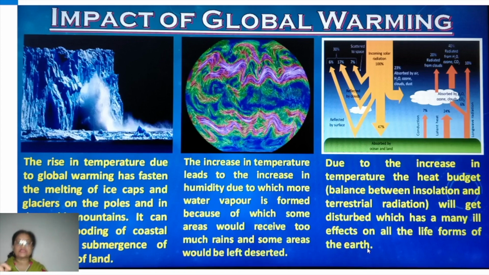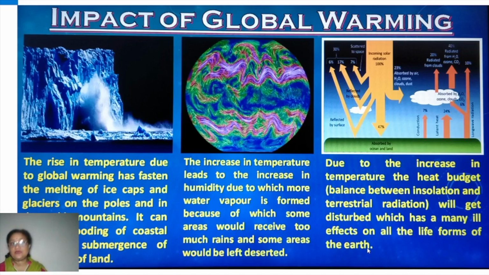And this has caused an imbalance to develop between the insolation on one side and the terrestrial radiation on the other. It is affecting us, because the effect is going on. At present, its impact can be easily seen around us.